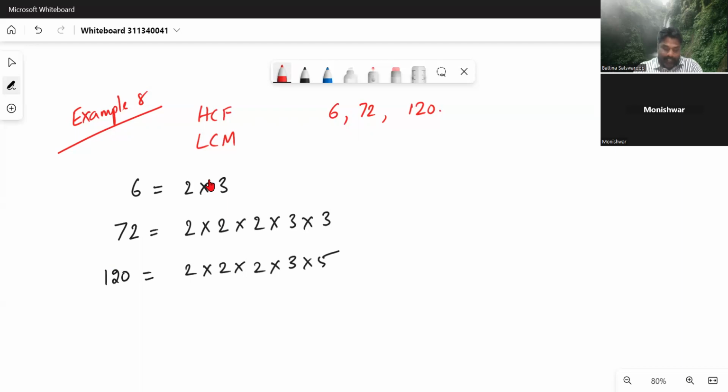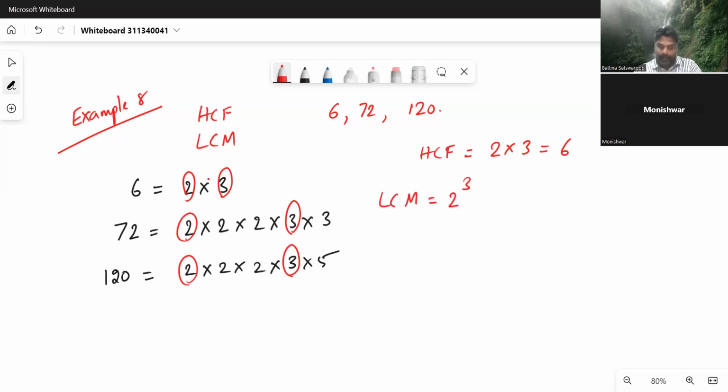And finding HCF: the common factors are 2 and 3. So 2 into 3. So HCF will be 6. Very good. What about LCM now? Highest powers: 2 power 3, 3 square and 5.